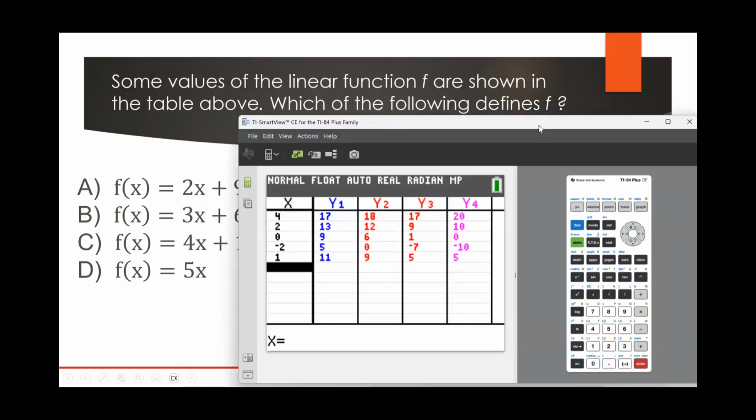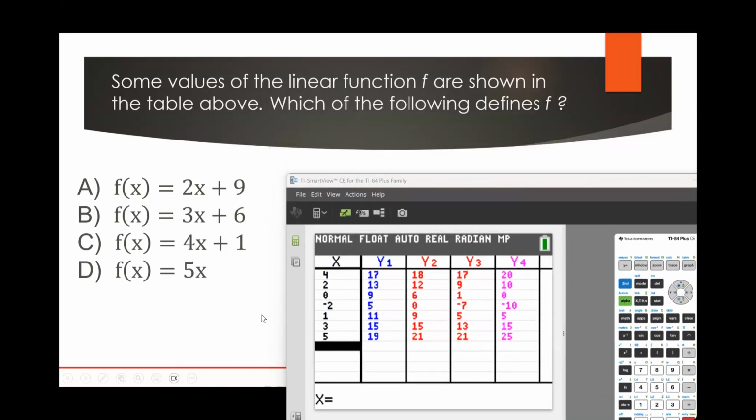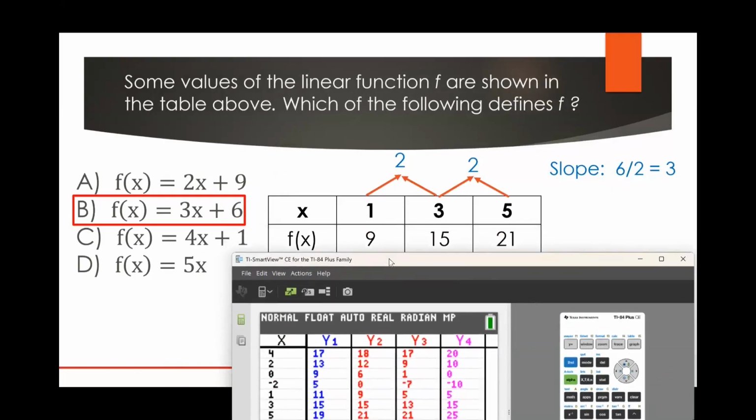And the only row that has the same numbers, right, 9, 15, 21. Looks like Y2 gives us 9, 15, 21. Yep, that's what we're looking for. So Y2, which was 3x plus 6.